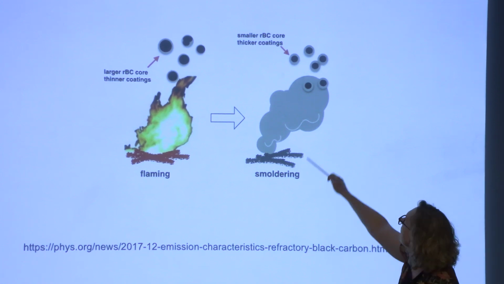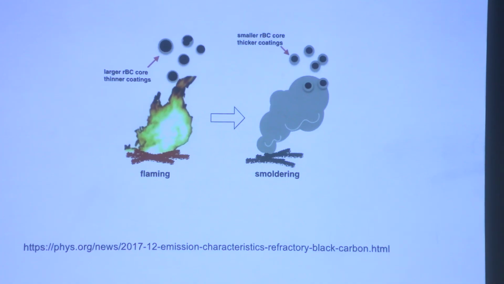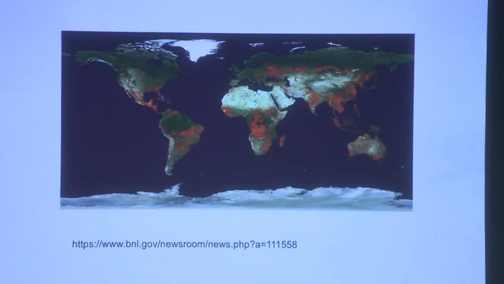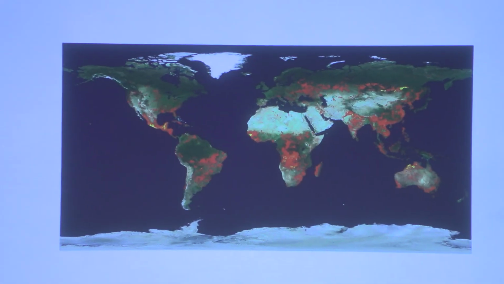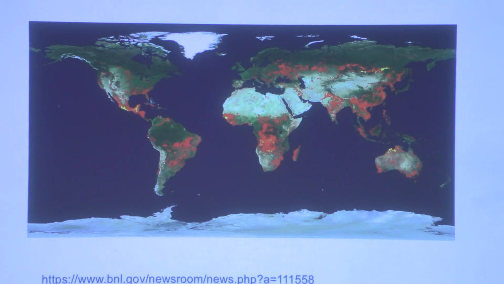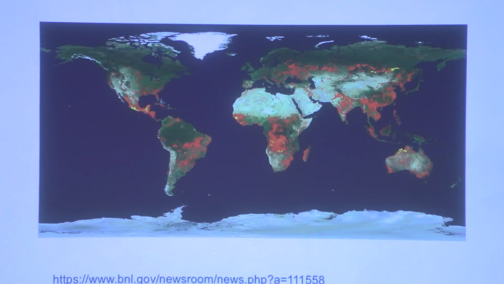A smoldering fire will produce less black carbon and thicker coatings of organic carbon. And there are lots of fires all around, so there are satellite remote sensing products that tell us where they are, and that's just an example here.